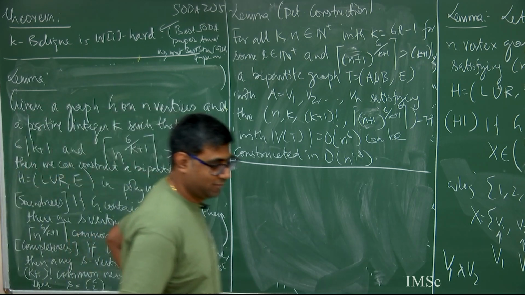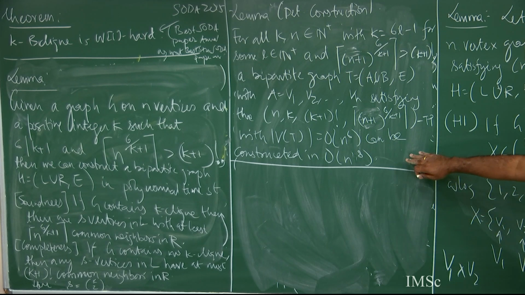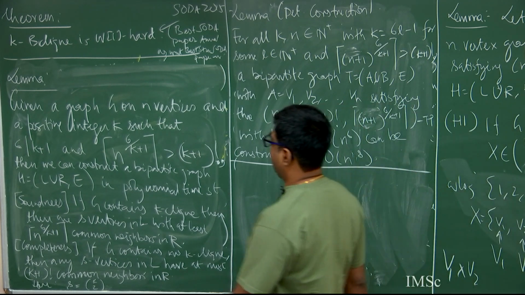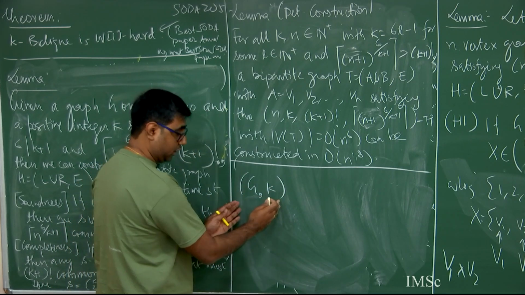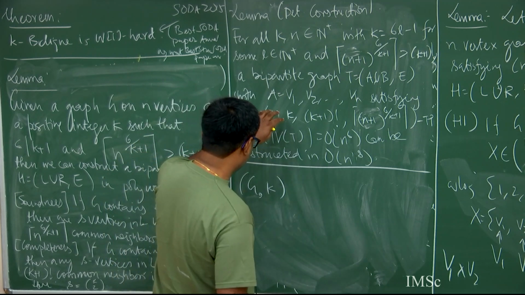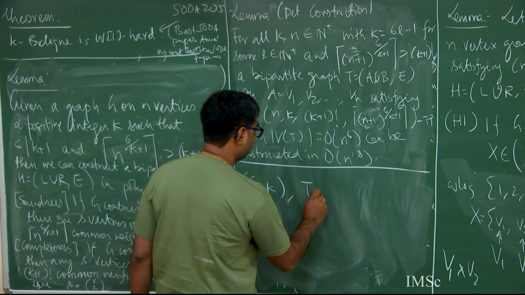As I told you, this is very simple. Basically, we are going to get this construction and apply this lemma on that construction. So I take G and k, I have this graph G and k, and I get a T from here.